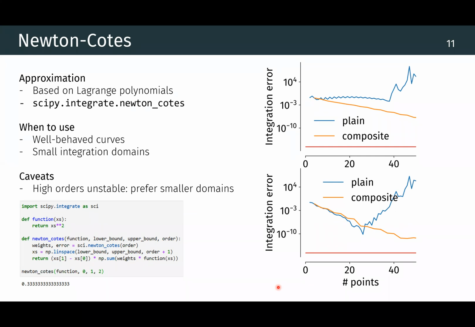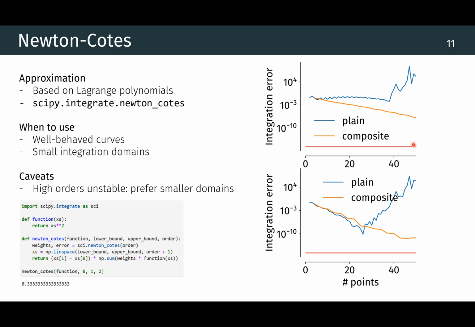This is totally fair on the x-axis, since in the composite case this is the true number of function evaluations that we compare. And this red line is the numerical precision. That's the best you can expect for anything that involves numerics, because afterwards we run out of significant digits.